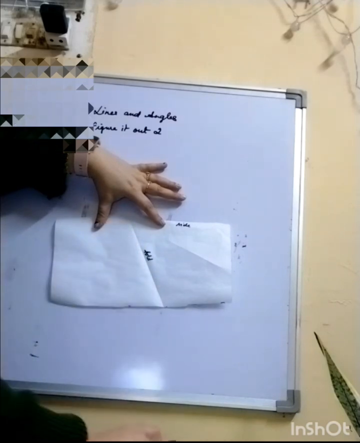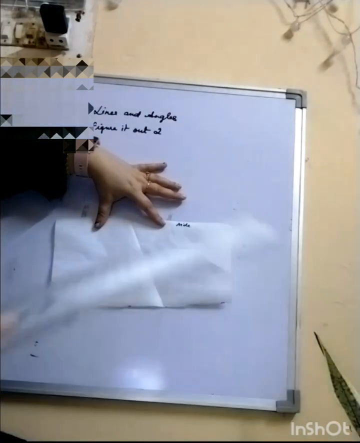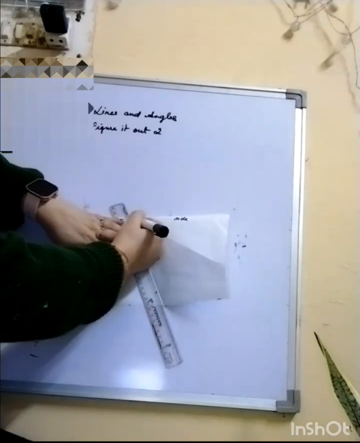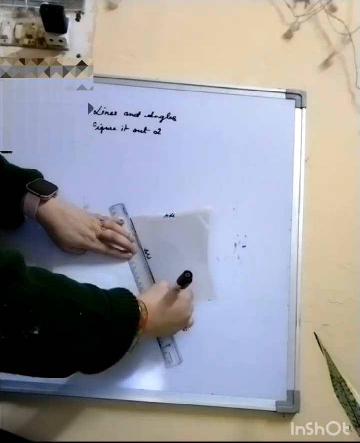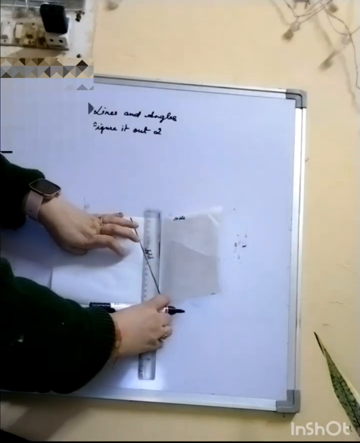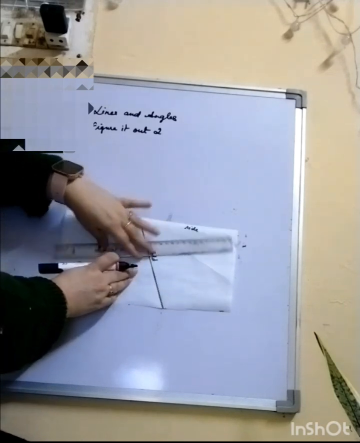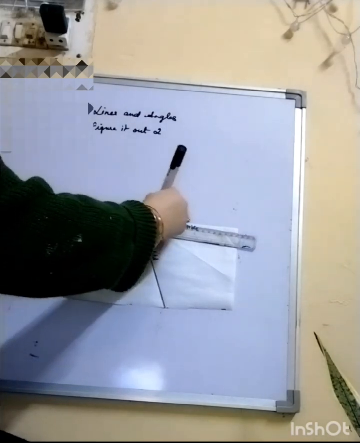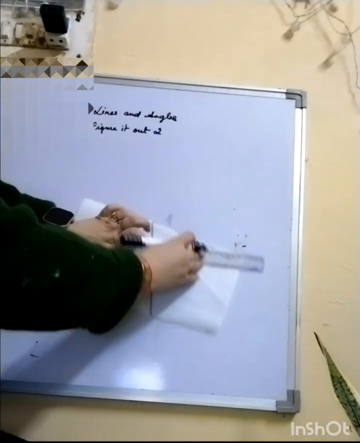If I draw a line over here, this is the fold that we made, and these are the two sides whose angles need to be measured.